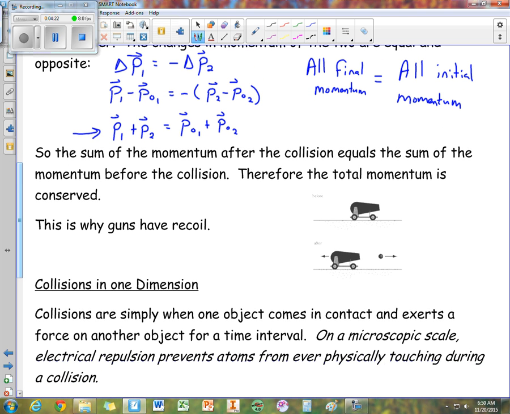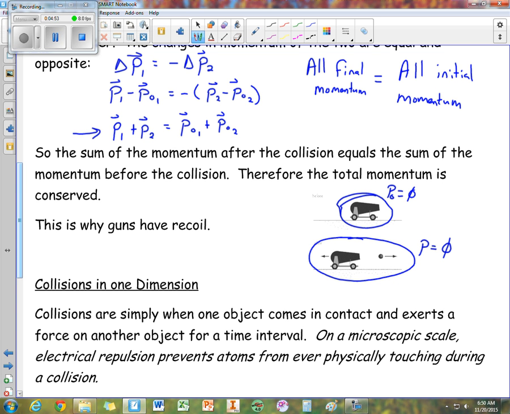So here we have a cannonball-cannon system. And the initial momentum for this system equals 0 because everything's at rest. So that means that the final momentum of the system must be 0 as well. And again, you may be wondering, well, how can the final momentum be 0?